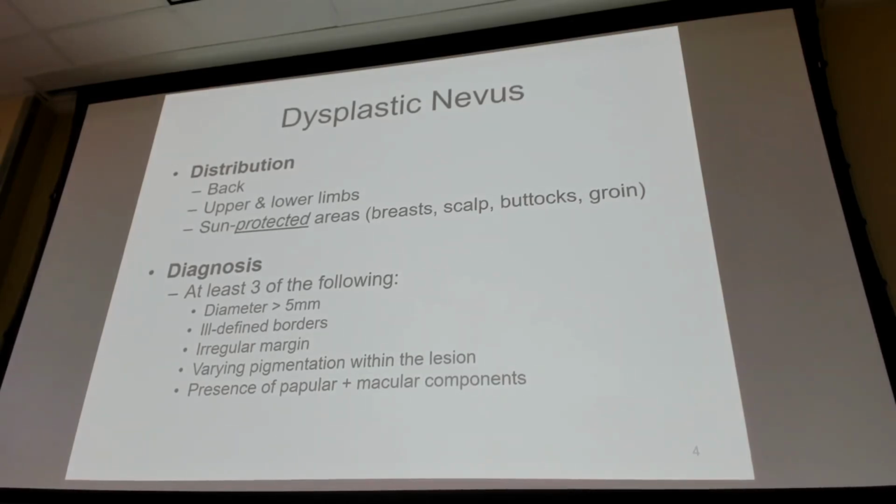So we've got a diameter that's greater than 5 millimeters, and ill-defined borders. If those are the borders, it's hard to see where it starts and where it stops. It looks like it fades away, or it's just not distinct. Irregular margins, varying pigmentation, or last, they can have some papular or macular components, okay?